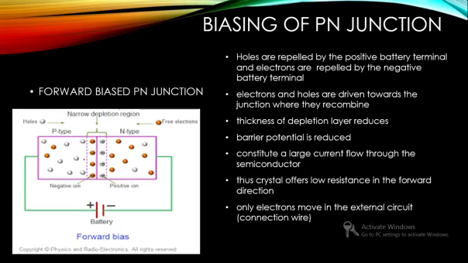So the electrons and holes are driven towards the junction, and hence the thickness of the depletion layer reduces. Correspondingly the barrier potential will reduce, which will enable a large current to flow through the semiconductor, which means the crystal will now be offering very low resistance in the forward direction.